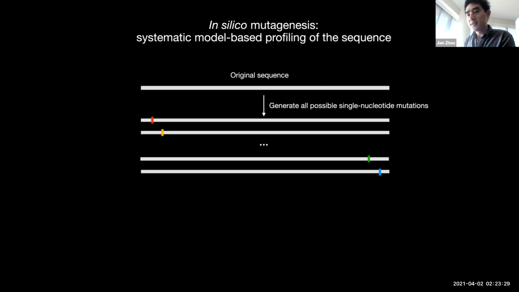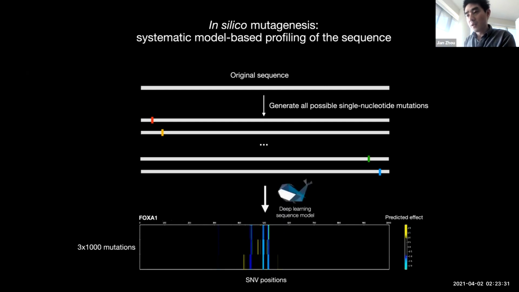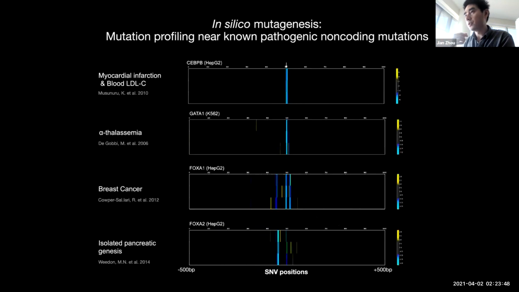And with in silico mutagenesis, we can just look at the sequence like this. So we know that mutations at those positions will decrease the binding of this transcription factor, while some other mutations will increase the binding of this transcription factor. And we can apply this to several different known pathogenic mutations.